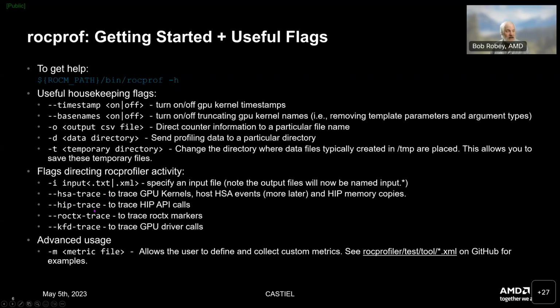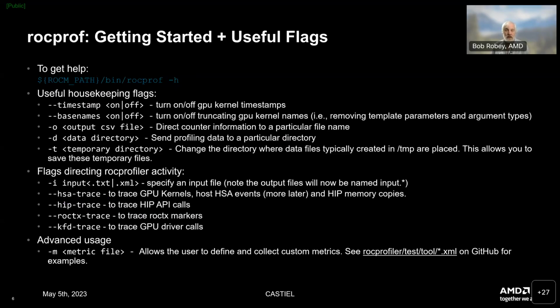HSA trace option, hip trace, and ROCTX trace, which is for if you place markers in your code. You add a line of code that says, here I am for this routine, and it will show it on the output.